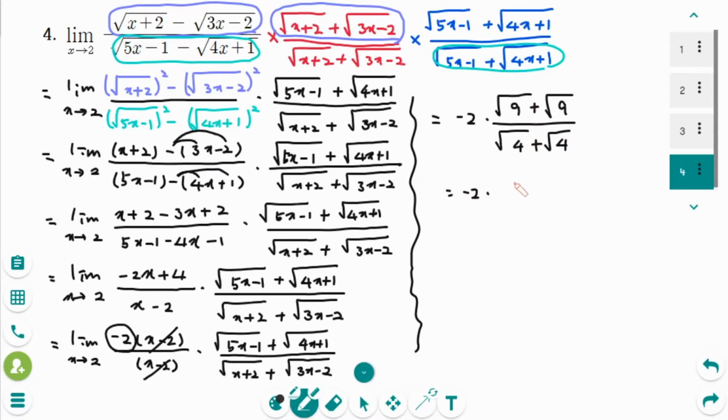So 2 times 3 plus 3 over 2 plus 2. So minus 2 times 6 over 4 is minus 2 times 3 over 2. Then finally, your answer is minus 3.